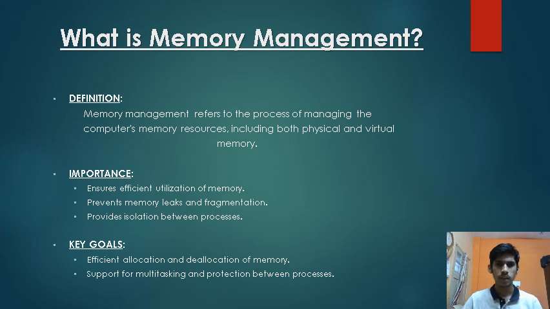Definition: memory management refers to the process of managing the computer's memory resources, including both physical and virtual memory. Importance: ensures efficient utilization of memory, prevents memory leaks and fragmentation, provides isolation between processes. Key goals: efficient allocation and deallocation of memory, support for multitasking, and protection between processes.